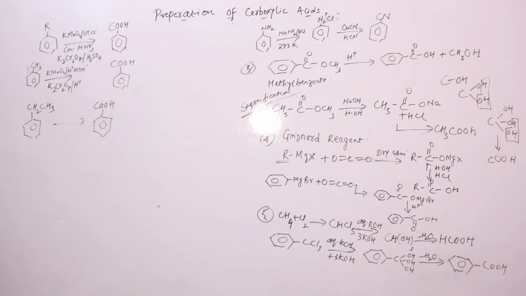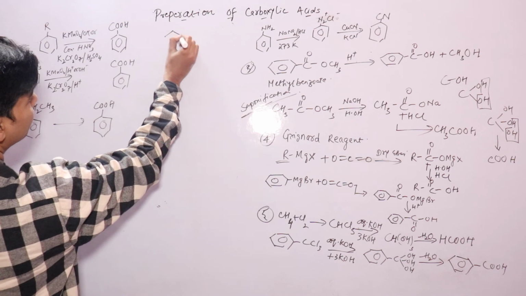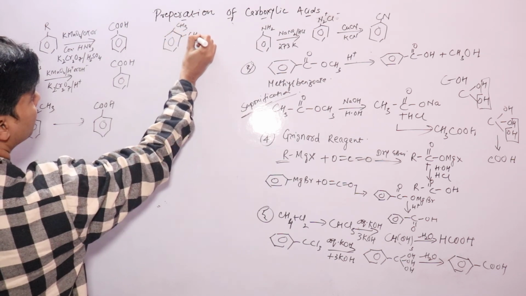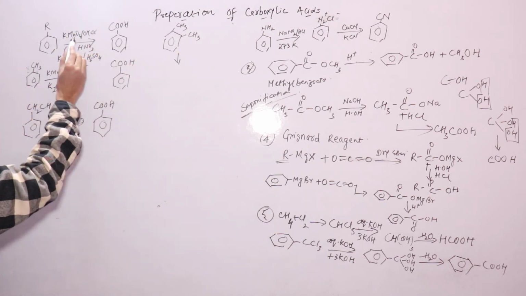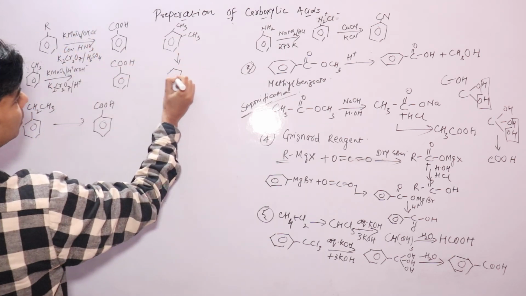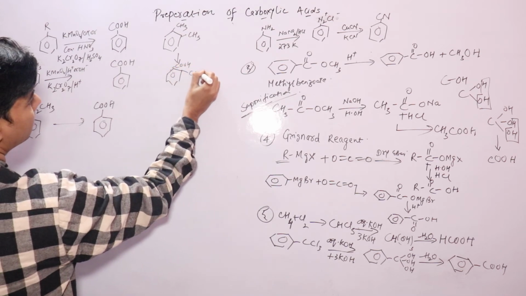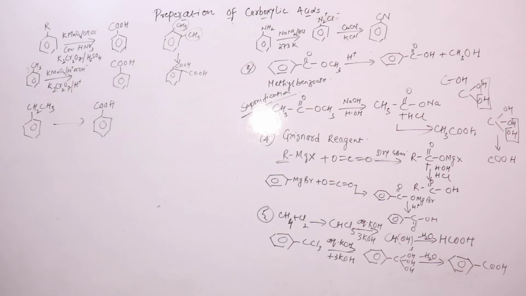Now suppose, let's say you have two alkyl groups. Then in the presence of these reagents, KMnO4 or K2Cr2O7, both of these will change into carboxylic acid groups. I hope this is clear.